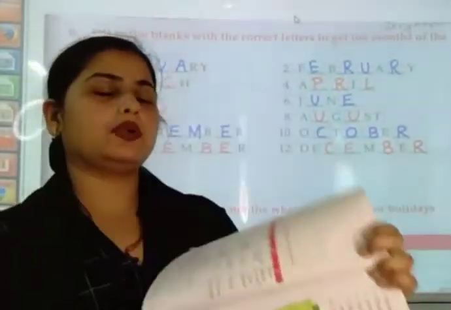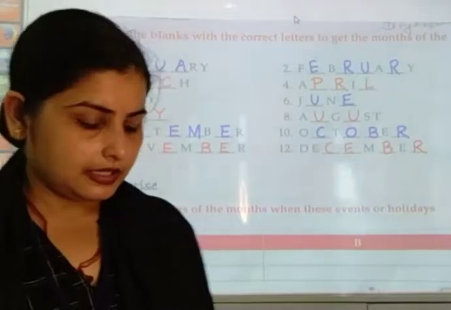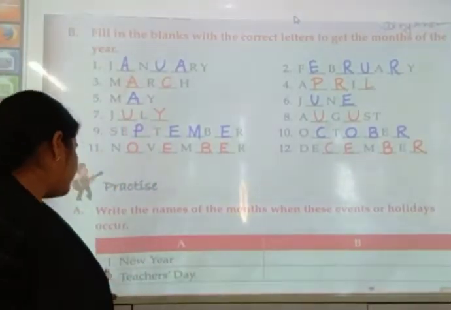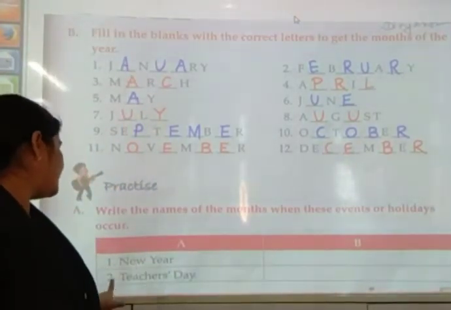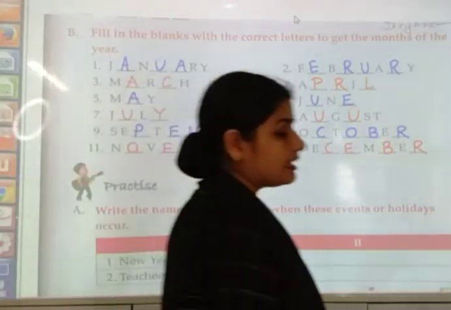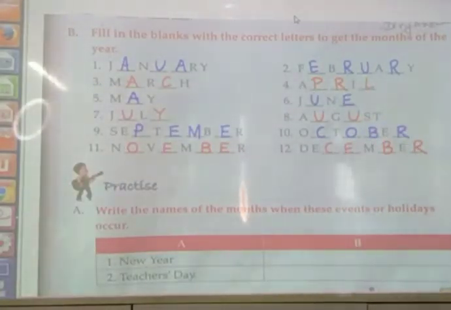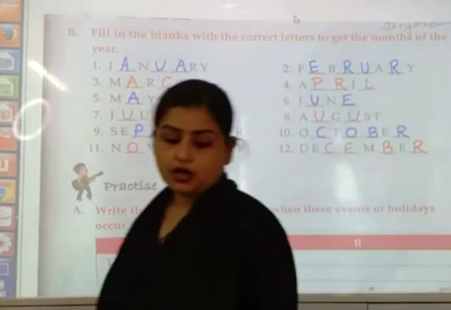The events are given, like at number 1 New Year is given, and number 2 Teachers Day. We need to write the month in which they occur.